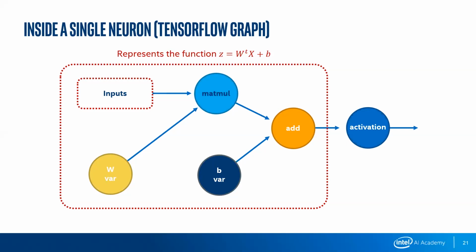In that way, you compute the above function, which is W transpose X plus B, where X is defined as the inputs, W is the weights assigned to each one of those edges, and B is the bias, right? So the entire single neuron is executing a function.